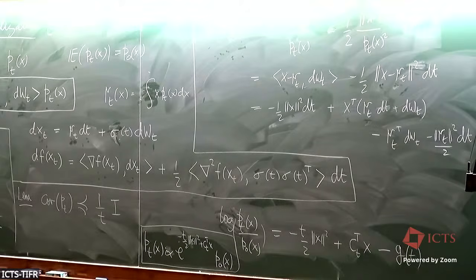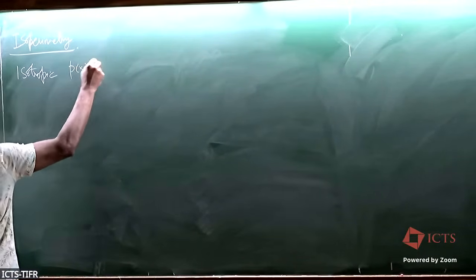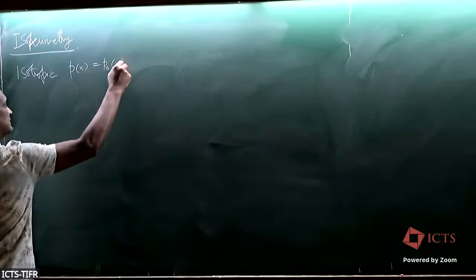Now the main thing is, how can we take a property that's true for PT and show it's true for P0, which is an arbitrary log concave measure? So let's try to do isoperimetry. We start with an isotropic arbitrary p of x, which is p0 of x, and let's say it's log concave.